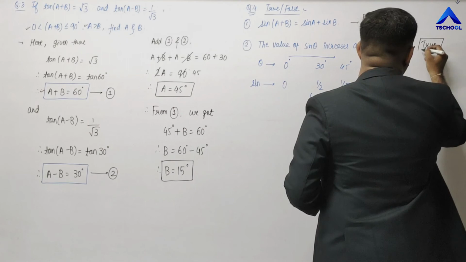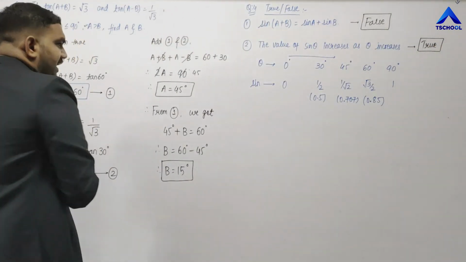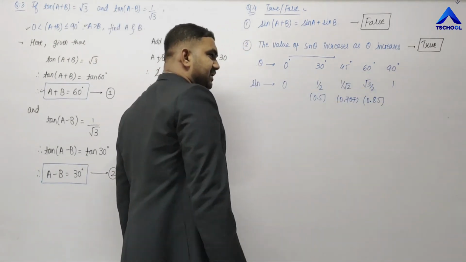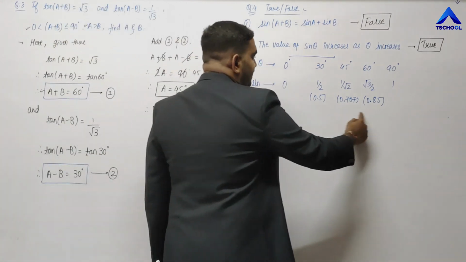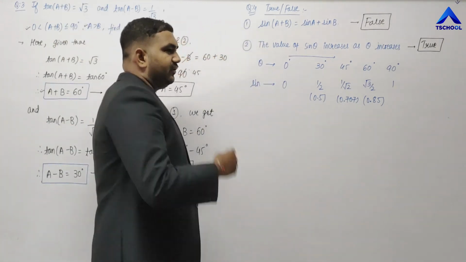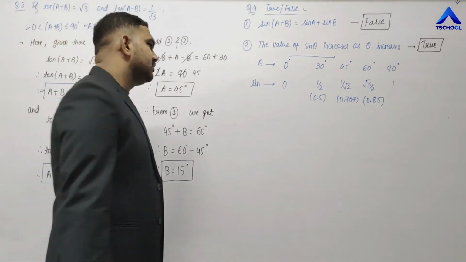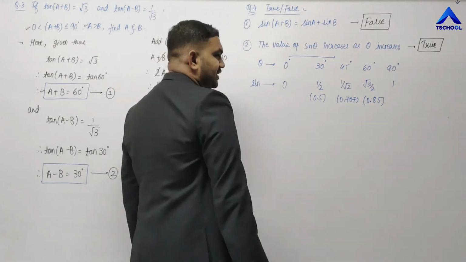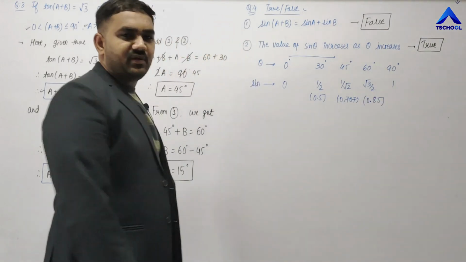Did you understand the concept or not? Yes or no? See, again I am explaining that this 0 degree, 30 degree up to 90 degree, these are all the values of theta, and the values written below are all the values of sin theta at those respective angles. So at theta equals 0 degree, the value of sin is 0, and at theta equals 90 degree, the value of sine has become 1.